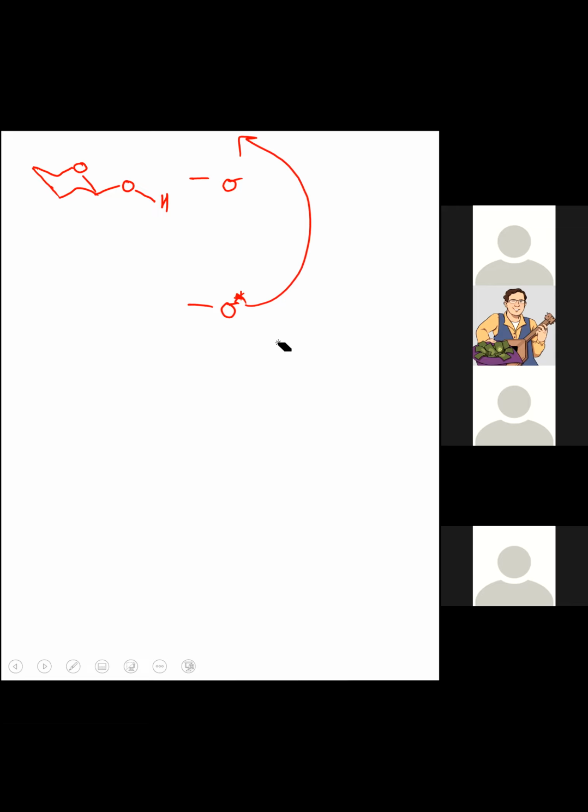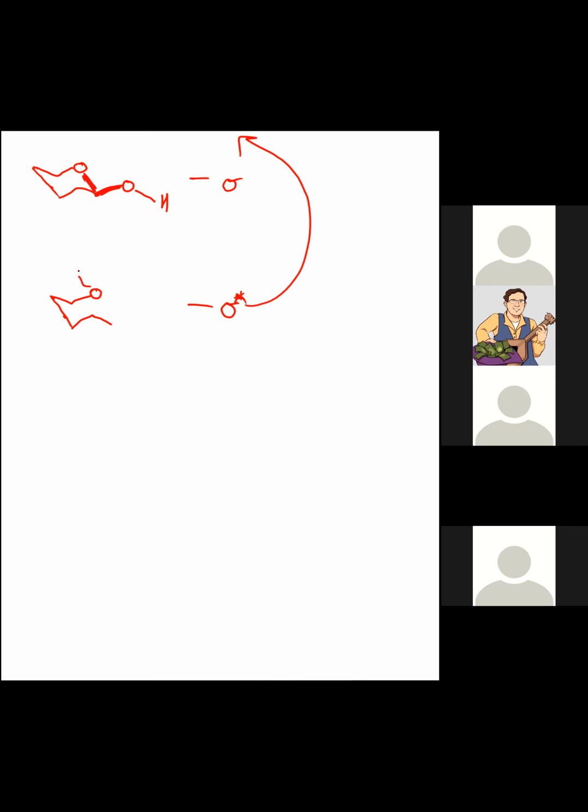This is up there. There's also a sigma star orbital, where we have the antibonding orbital of the weakest bond in a molecule. The weakest bonds in this molecule are these acetal linkages. So far we've been focusing on this one, the external bond. But this is also a carbon-oxygen bond, and it's pretty similar.